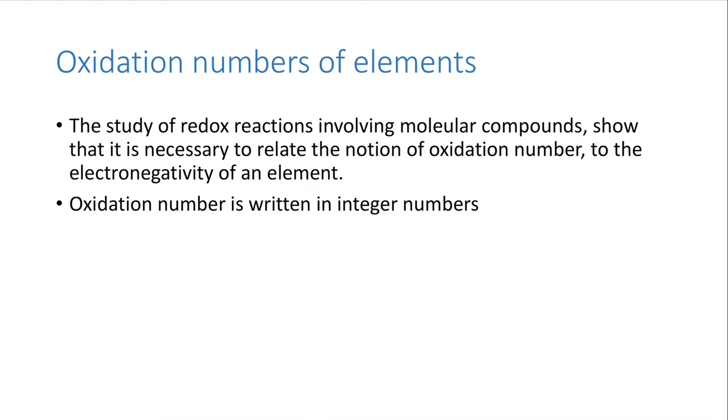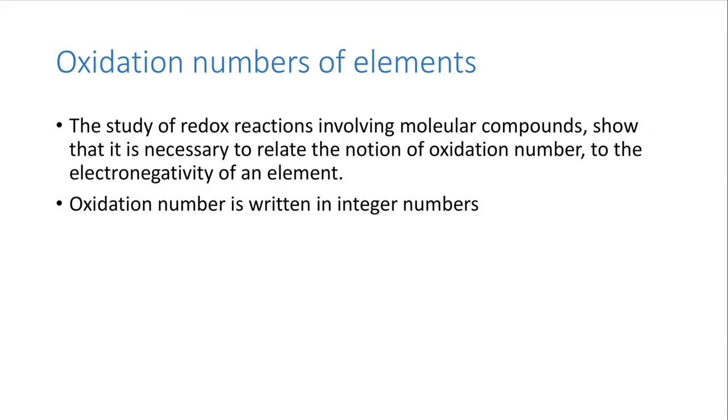Now we're talking about more complex redox reactions. The chemical species are not elements anymore. They are molecular compounds. We have compounds that are losing or gaining electrons, so it's really hard to guess whether a compound is losing or gaining electrons.